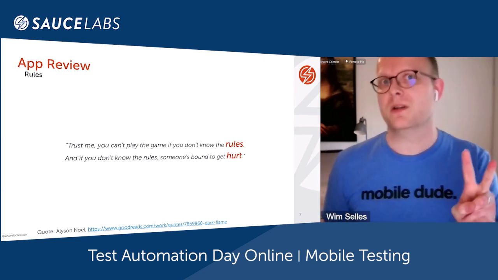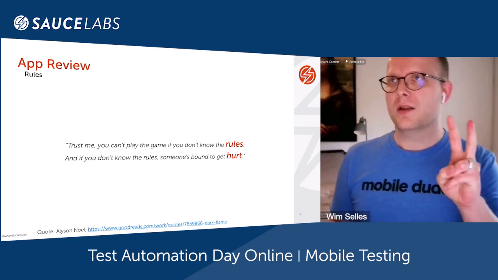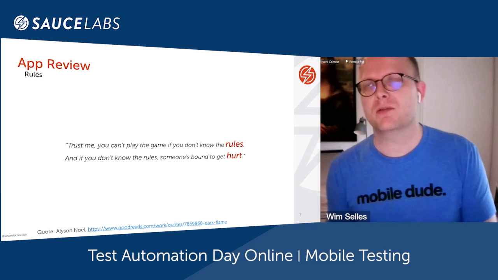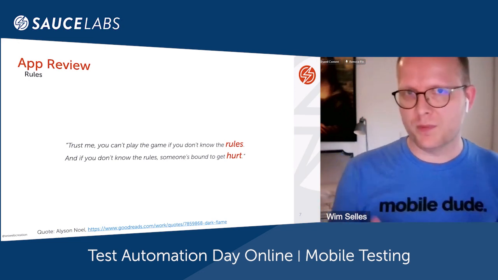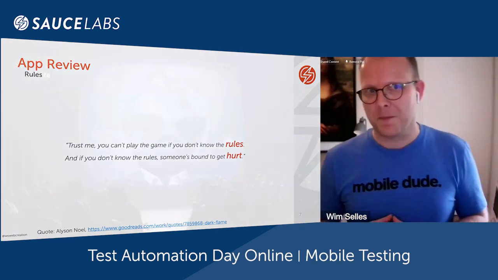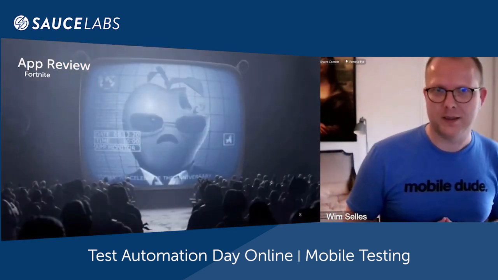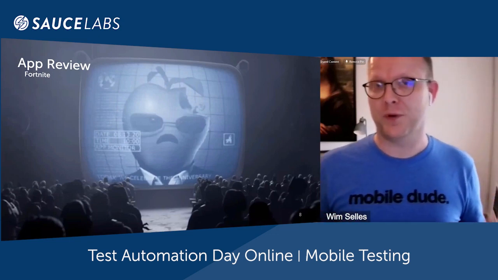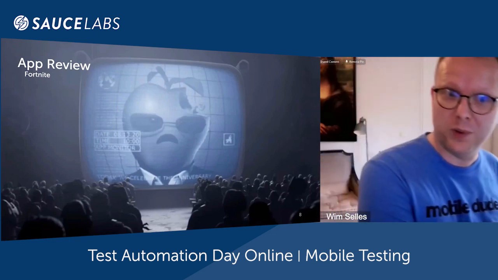And I want to give two examples today that are examples from the last few days. Maybe everybody has seen it. And that's this. You might have heard of Fortnite. Fortnite basically was removed from the App Store. It was removed from the Google Play Store.